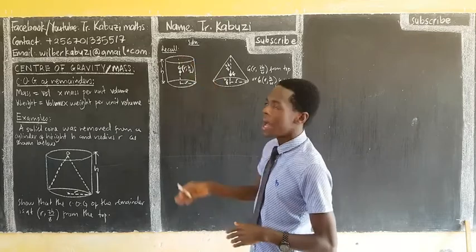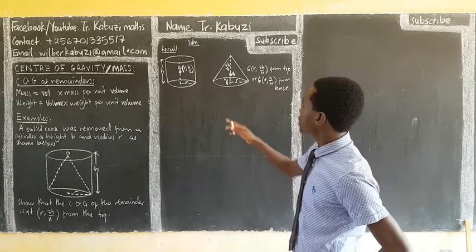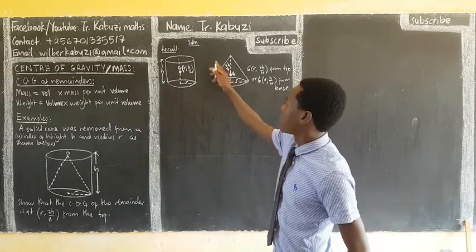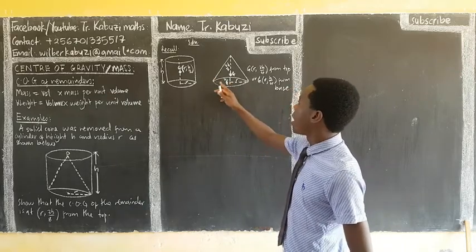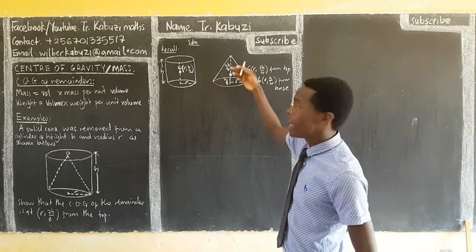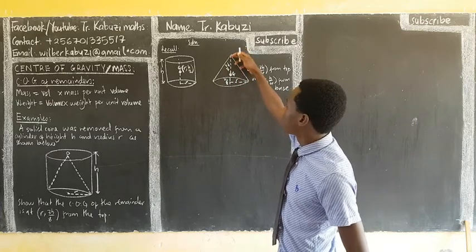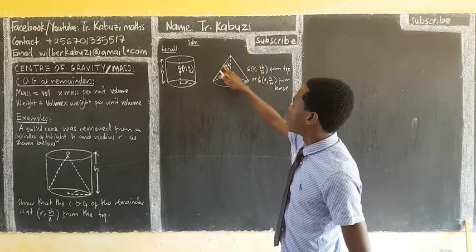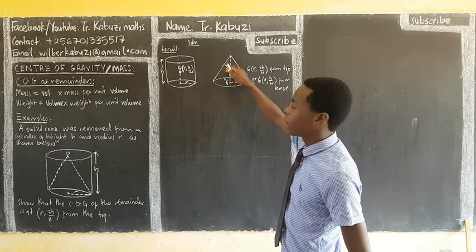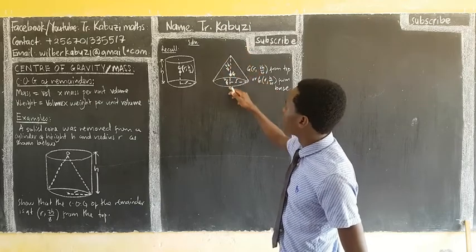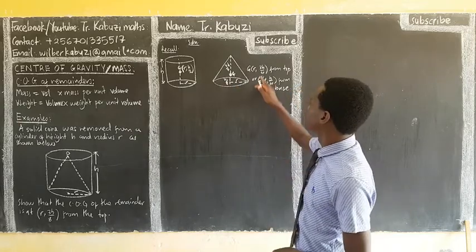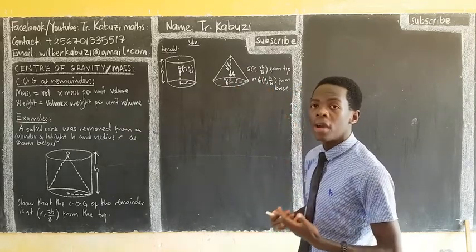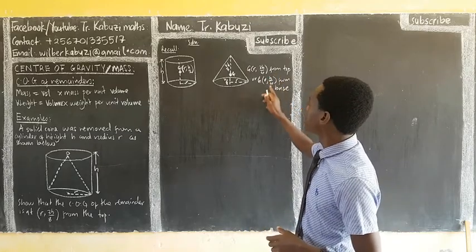When you consider the cone, from here up to here, if you consider the axis there, it is going to be r, then the vertical: if you consider from the vertex up to here, this becomes 3 over 4 h; if you consider from the base up to here, it becomes h over 4. So you can always specify from where. This is from the top and this is from the base.